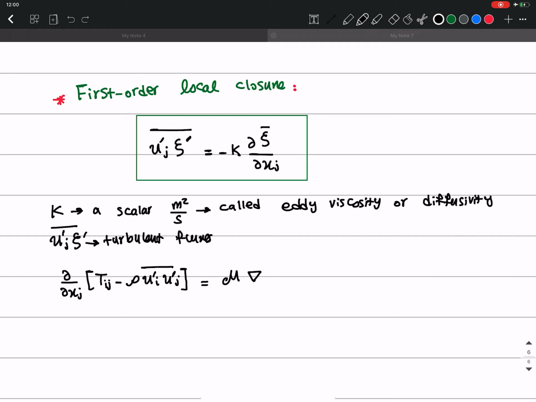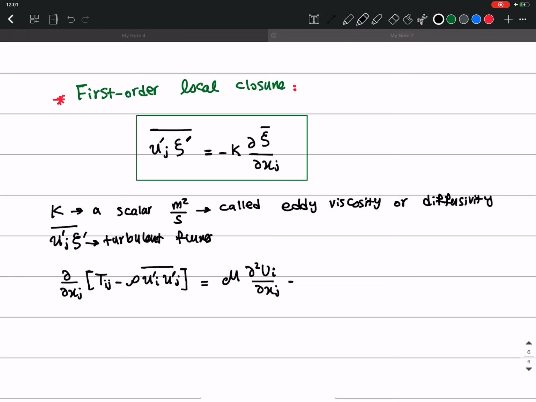Let me write it in index notation: mu partial square ui over partial xj square. This is the first term, okay? And then for the second term, you can write this in terms of this K, okay?